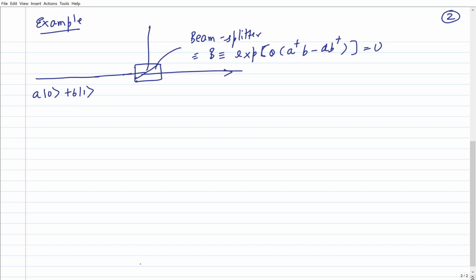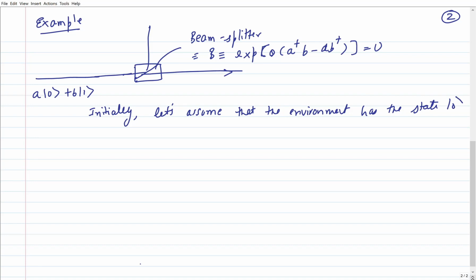So initially, just as an example, let's assume that the environment has the state 0. So this is the initial state of the system and environment.